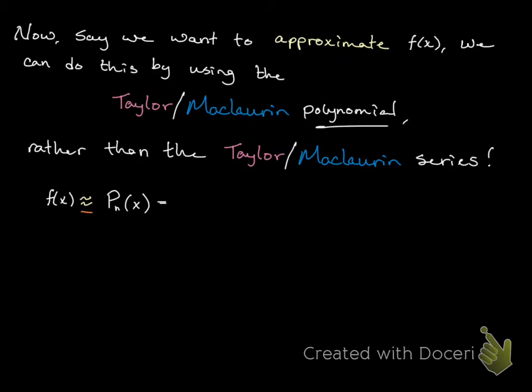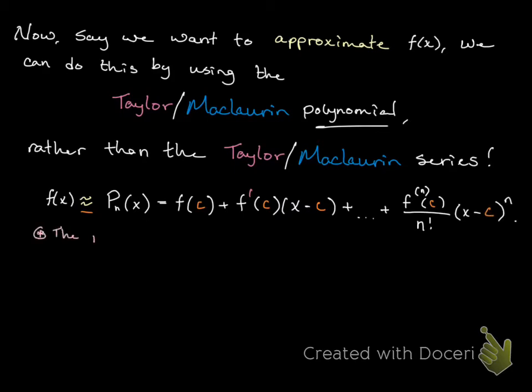And again, that's just some nth degree polynomial. So I'm going to write my Taylor series, but instead of making it infinite, it's just going to stop at, say, the nth term. And again, our important note is that the polynomial has a finite number of terms, where the series has an infinite number of terms. So they are slightly different things.